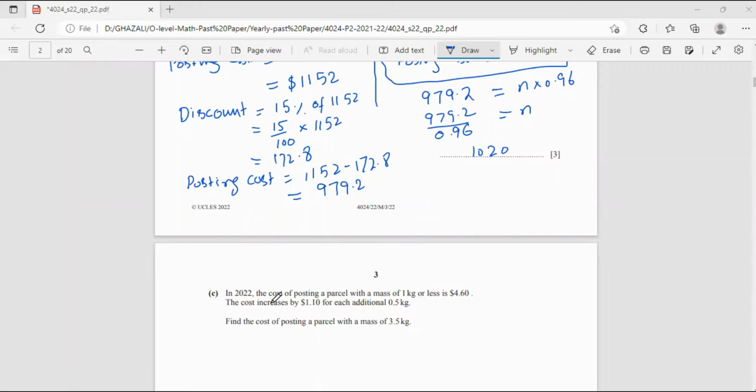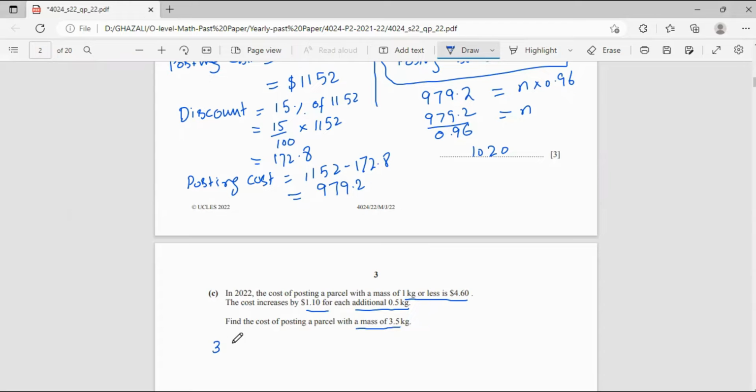In 2022, the cost of posting a parcel within mass 1 kg or less is $4.60. The cost increases by $1.10 for each 0.5 kg. Here, the total mass given is 3.5 kg.